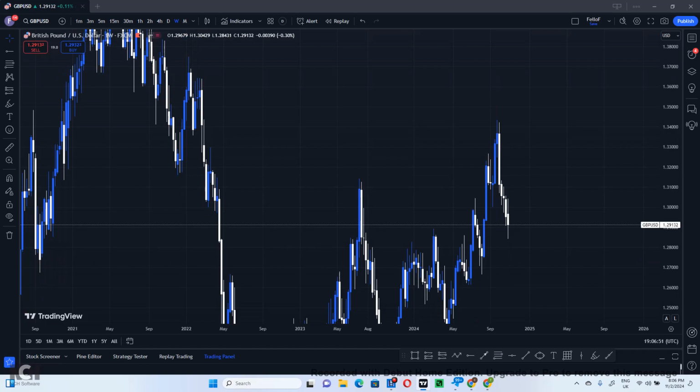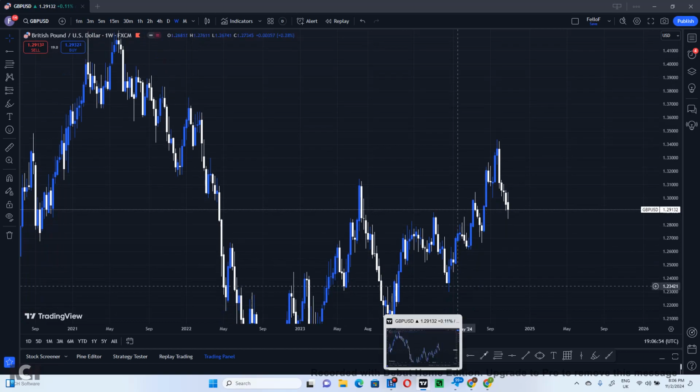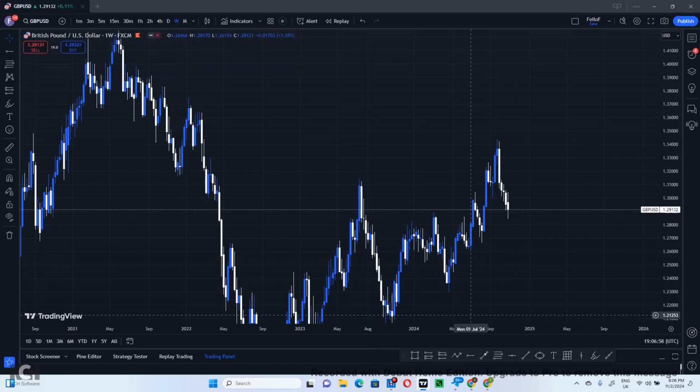So looking at Euro, we are in an uptrend. We are in a clear uptrend on the weekly, and price is already in our zone, because this is the zone. If you want to mark it out, price is in our zone.